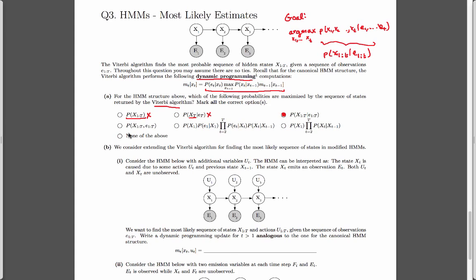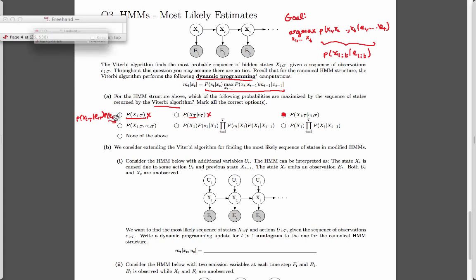Now let's look at this one. So we know that this is equal to the probability of x_1 through t given e_1 through t, times the probability of e_1 through t.